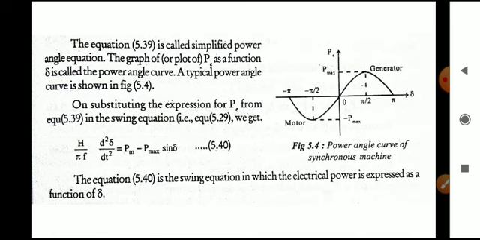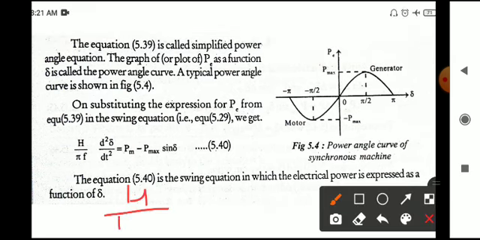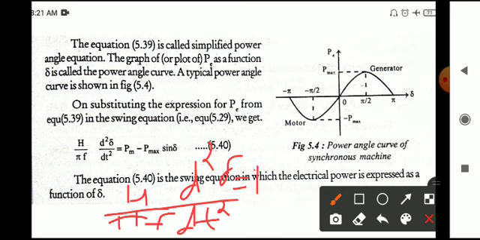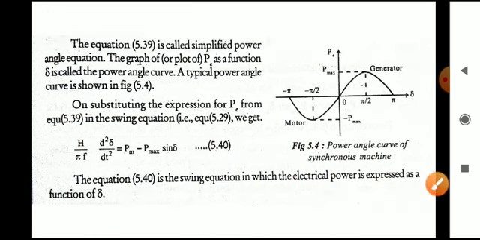Thus, on substituting the expression for P from equation 5.39 in the swing equation, we get the following. We have already learned the swing equation: H by pi f into d square delta by dt square is equal to Pm minus Pe. If we substitute Pe as P max into sine delta, we can express the swing equation as a function of delta.